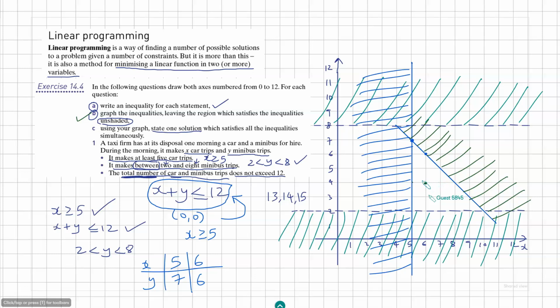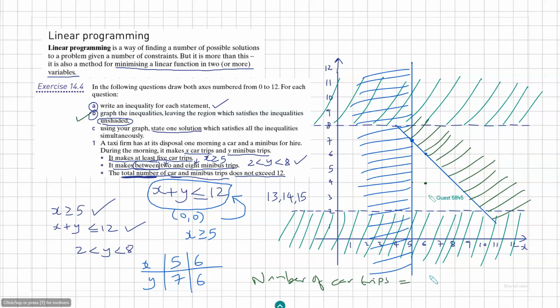So what does it mean when you say 6 and 4? What does it mean in real life? What is 6? What is 4? Number of car trips and minibus trips. So tell me the numbers.